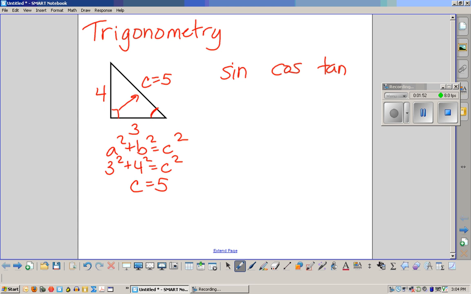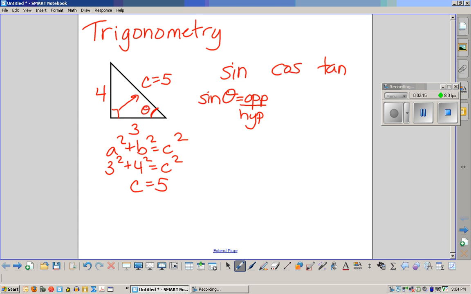So the sine ratio. Let's call our angle here theta. That's the Greek letter theta. So sine of theta, with respect to this given acute angle, is the ratio of the opposite side to that given angle over the hypotenuse.